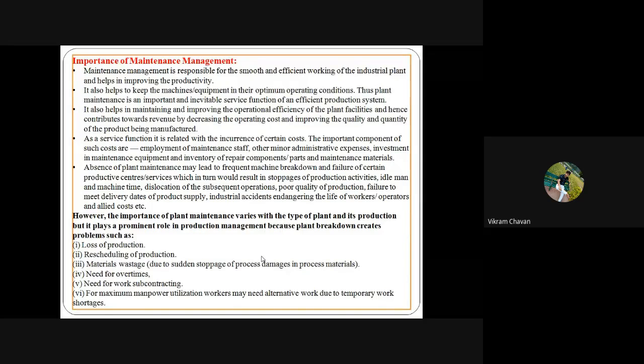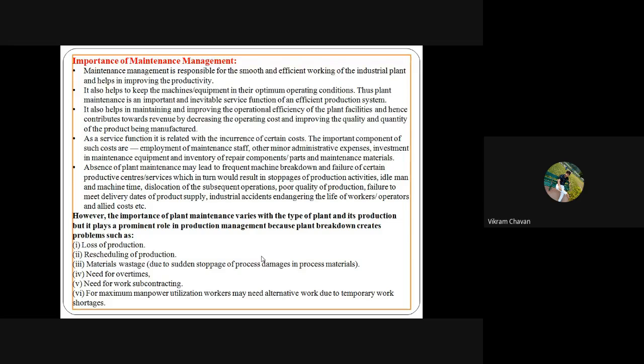We have discussed this point: as we follow proper maintenance policies, it will increase the efficiency of the machines and of the production department, and the efficiency increment means reduction in rejection and improvement in the quality of the product.